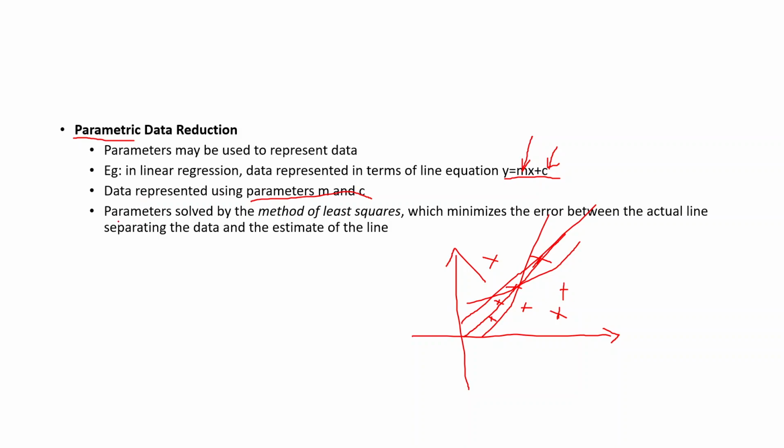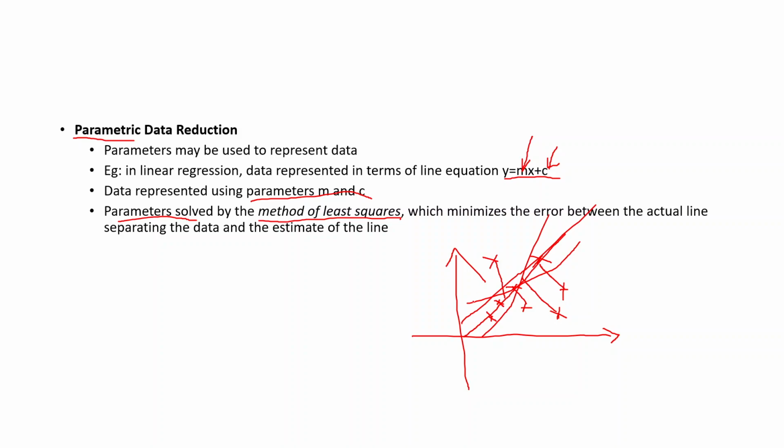In the case of linear regression, the data is represented using simple parameters m and c, and how do you find those parameters from the data? That is solved using the method of least squares. Basically, if you have a line like this, you find the distance of each point to the line. You can have points from both directions, and the distance can be represented using these lines.